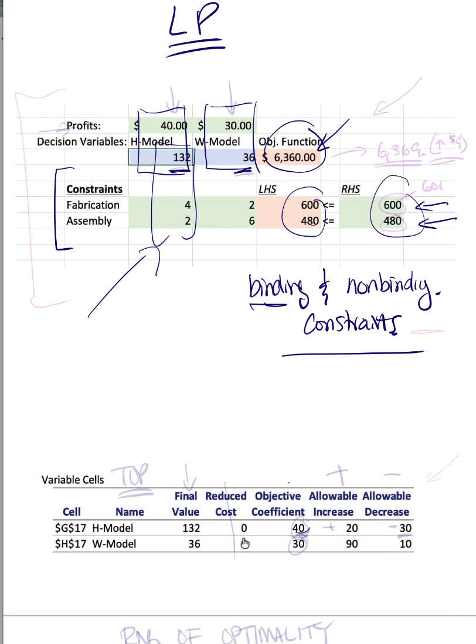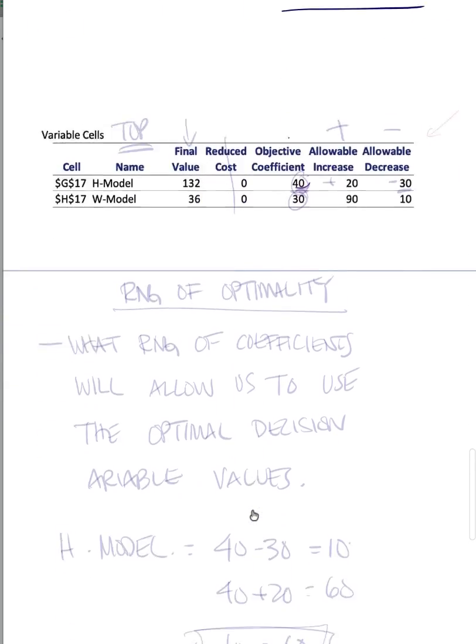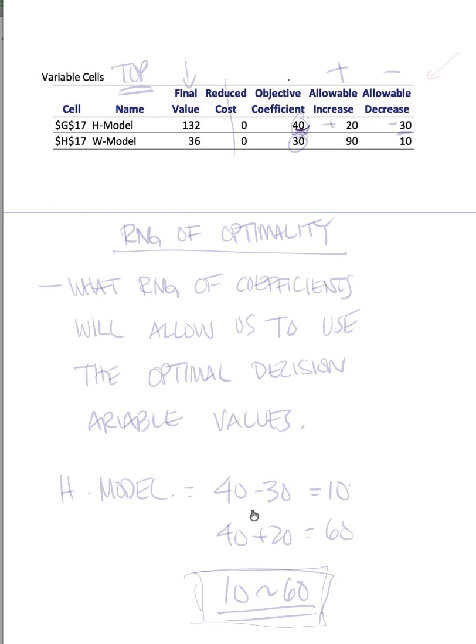Okay, and then we talked about a couple of the reports. In particular, pay special attention to the sensitivity reports. The sensitivity report has two parts. There's the top part and the bottom part. Let's start up here. This is the top portion. And the top portion answers the question of what range are the coefficients?